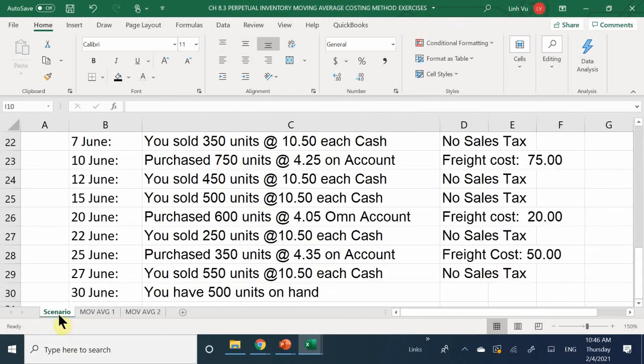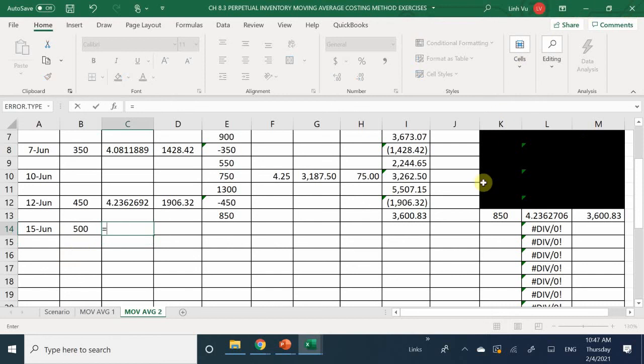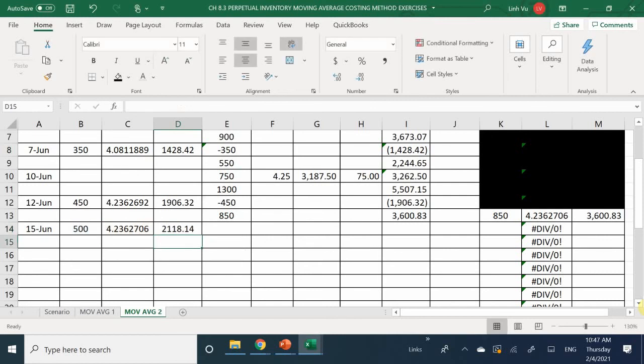So then what has happened on June 15? We sold another 500 units. So on June 15, sold 500 at 4.23. So what is my total cost of goods sold going to be here? 2,118.30.